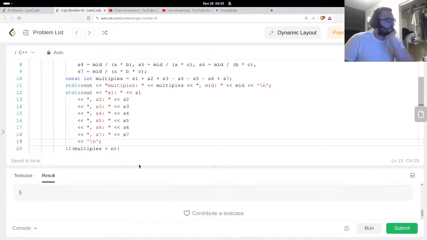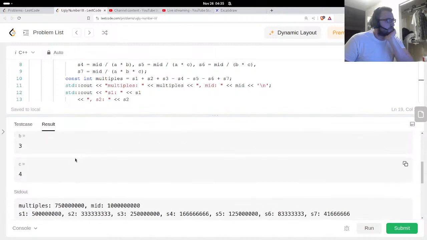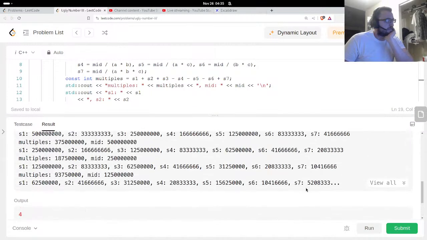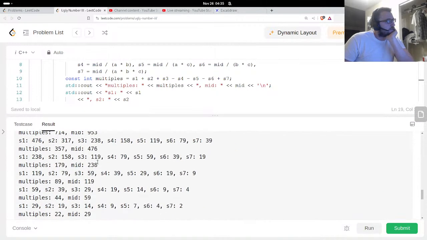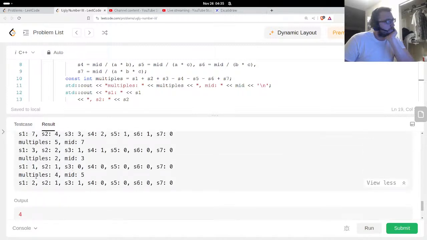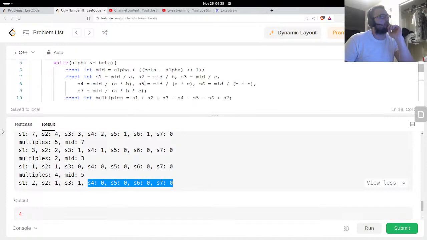So with 2, 3, and 4, I got 2 and 4, 3, 4. That's correct. S4, S5, and S6 were all zeros. Oh, but here's the thing.